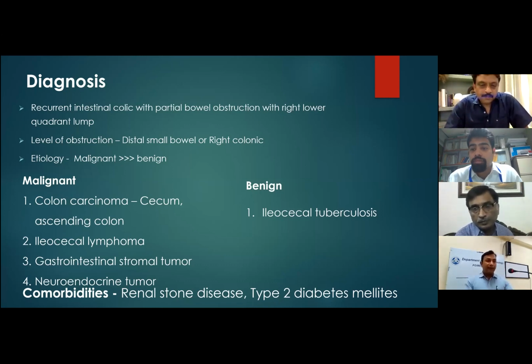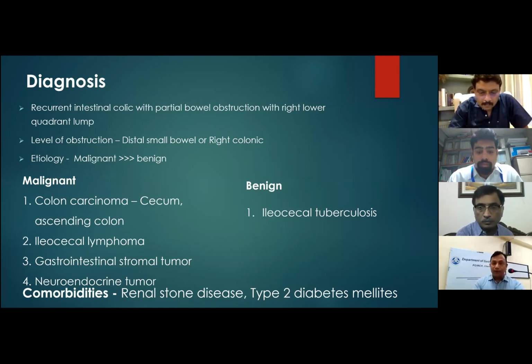I prefer malignancy over ileocecal tuberculosis because our index patient had a lump that is progressive in size, increased by 25% in the last 3 months. Secondly, we don't have symptoms like fever or night sweats. Almost one third of patients with tuberculosis have other evidence of tuberculosis, mainly pulmonary.